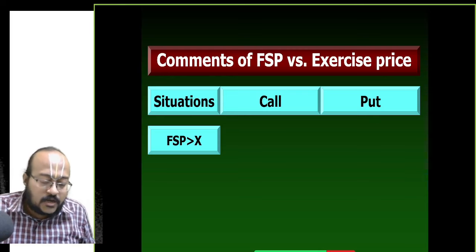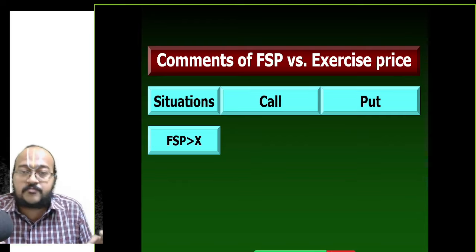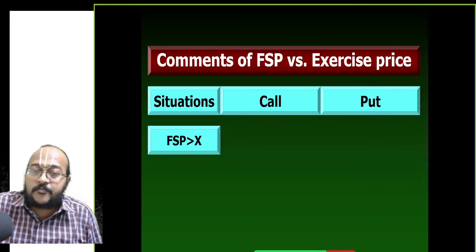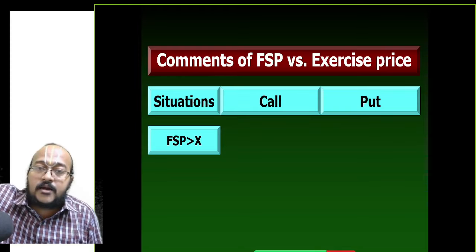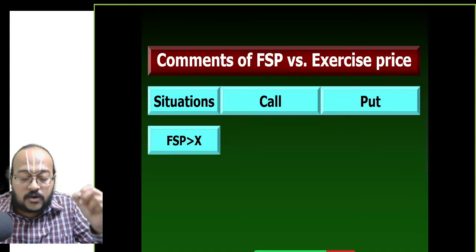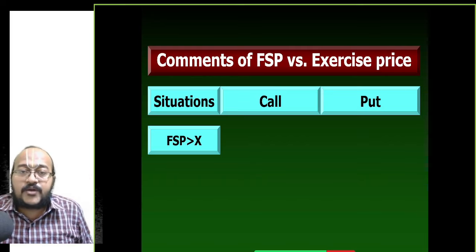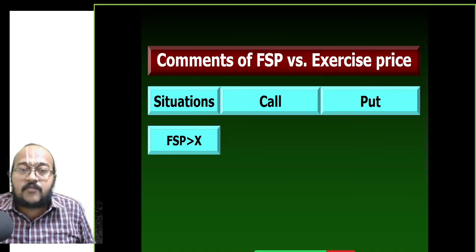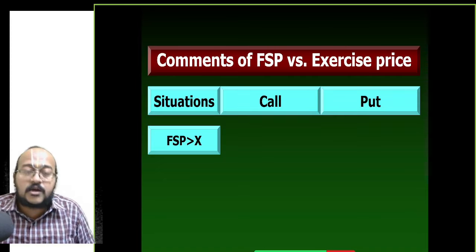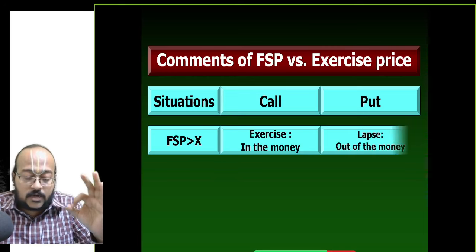If the future spot price is more than X, suppose after 3 months the Reliance share price has become 2,500 from 2,000. In that case, if you are holding a call option, will you buy call or will you buy put? If the future spot price is more than the exercise price, what will you do?